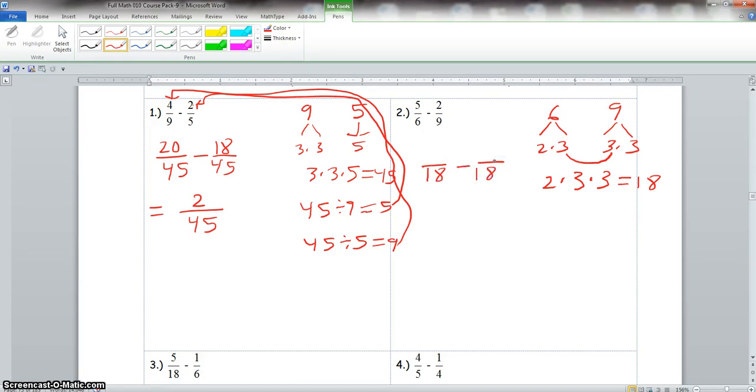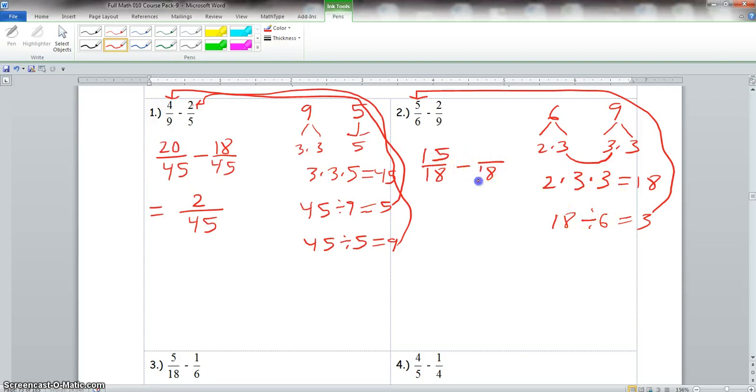Now, this is what we need to do here. Again, we take the new denominator divided by the old denominator. We add 18 divided by 6, which gives us 3. So we would take this 3 and multiply it by this numerator. 3 times 5 is 15.